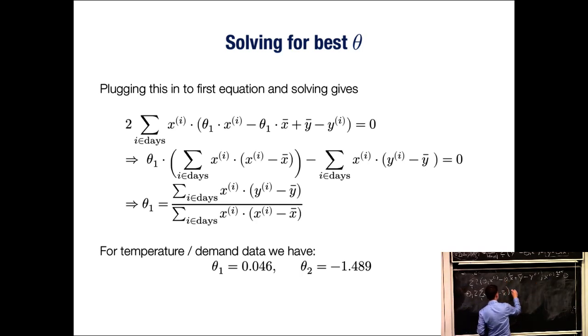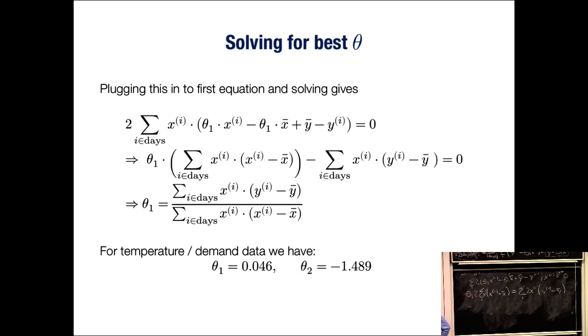This is going to be equal to the sum of all the terms that don't depend on theta 1, which is sum over all i of 2 xi times (yi minus y bar). And so the actual solution is just theta 1 equals this term over this term, which is what we have there. Once you find theta 1, then you just plug it back into your solution for theta 2, and you have theta 2.